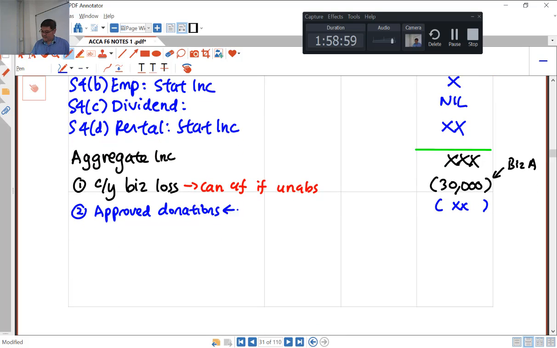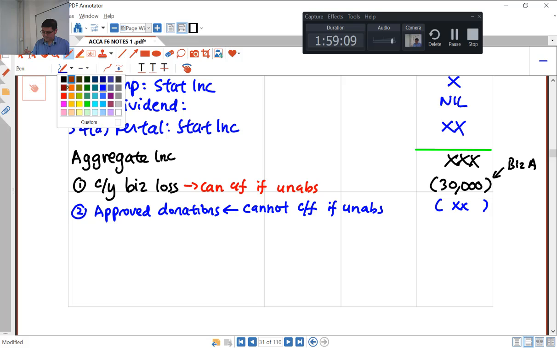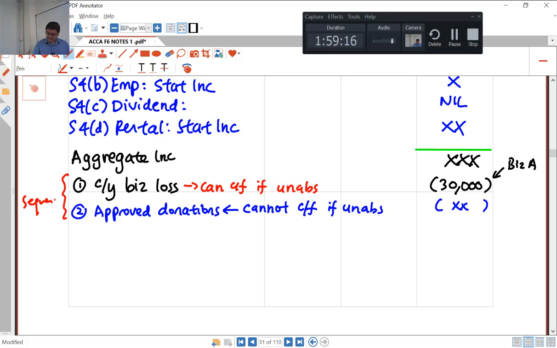But this is something that you cannot carry forward if it is unabsorbed. That's why the sequence is important. It matters. And this sequence is actually benefiting the government, you see.